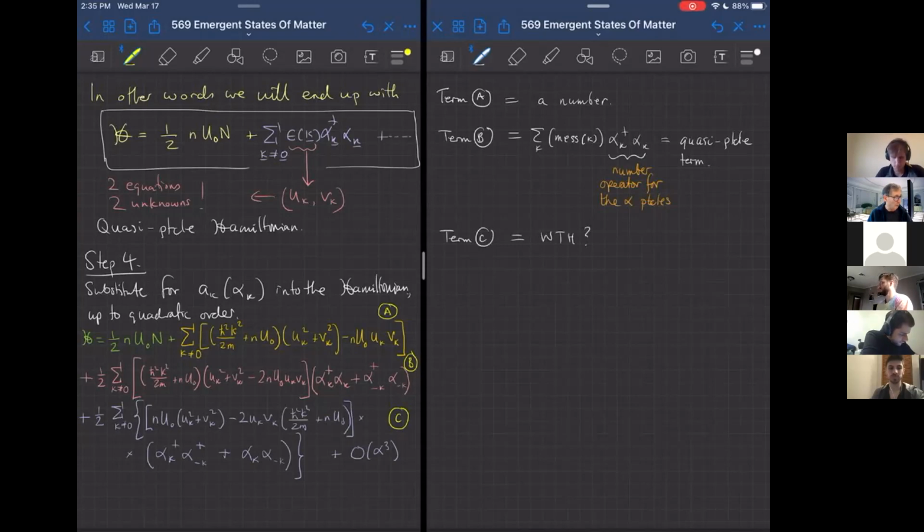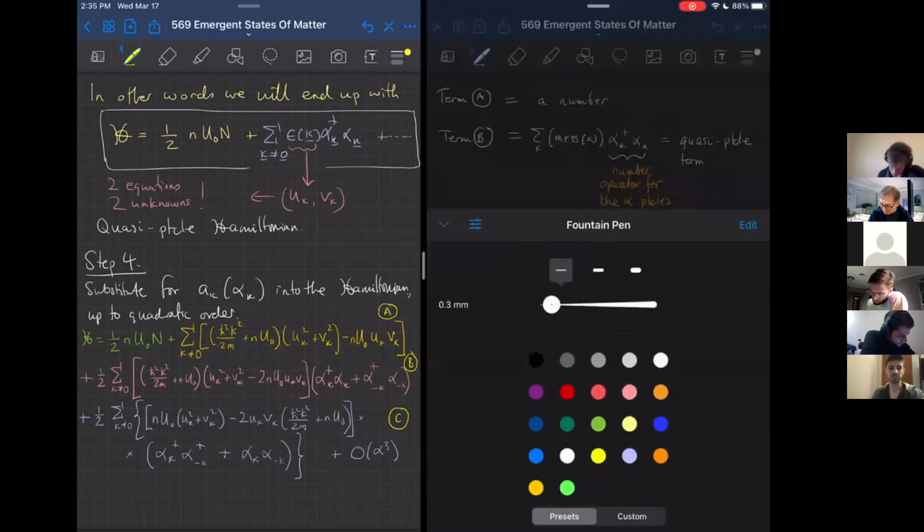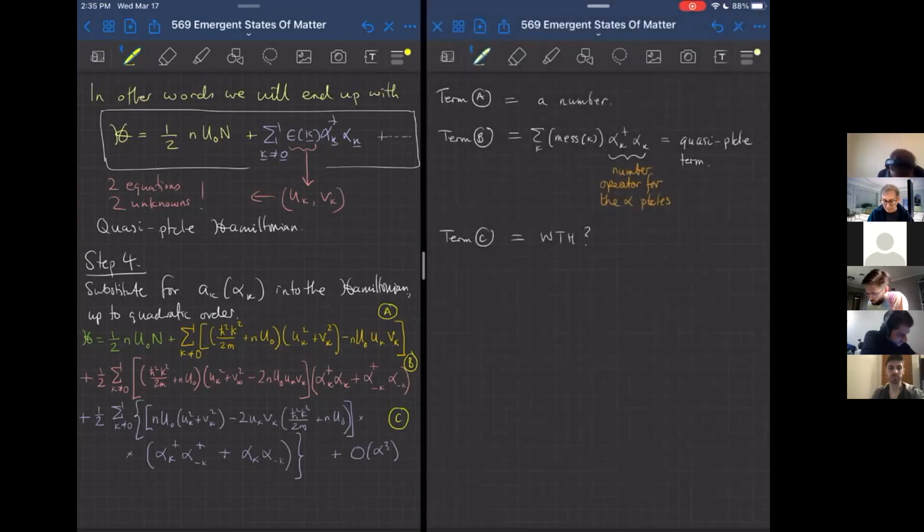So what we say is, well, no problem. We still have one constraint to use. So we don't know what to do with this. So what we're going to do is use our remaining constraint on the u's and v's. Okay, remember we've got two constraints.